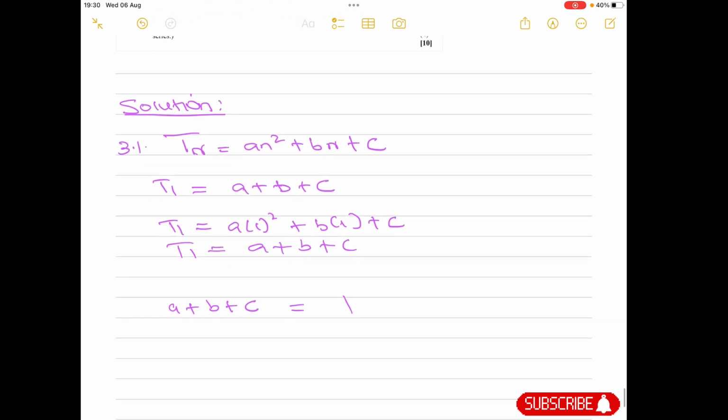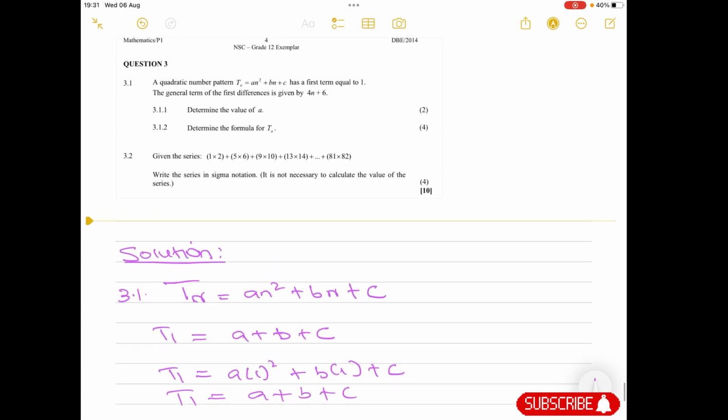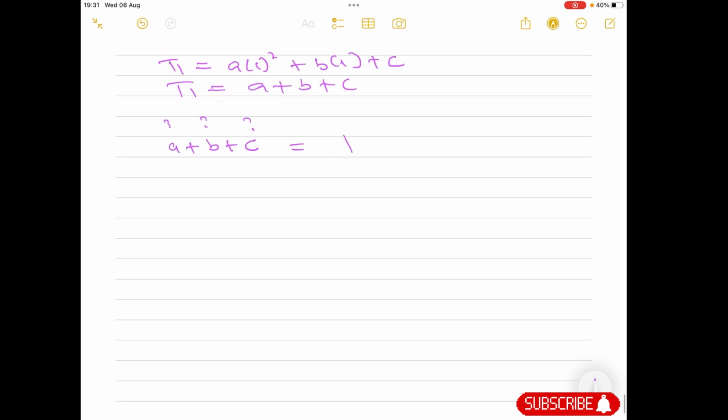Now we have many unknown variables. A is unknown, B is unknown, and C is unknown. So we can't work with these, but we will see where this leads us. But we are told the general term of the first difference is given by 4n plus 6. Remember, between T1 and T2 and T3, let me just make 4 terms.